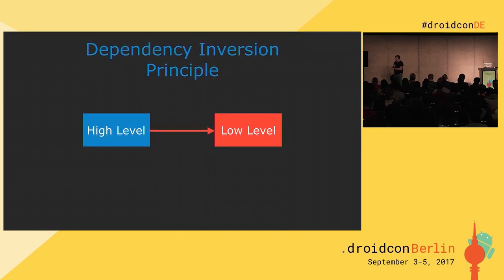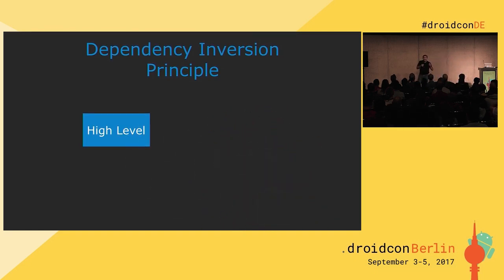If I'm using content providers now or tomorrow I want to change it to a network API, I would like to be able to change that without having to change my business logic. So I remove this dependency and instead I define an abstraction. This abstraction is what I will depend on. It's an interface or an abstract class.